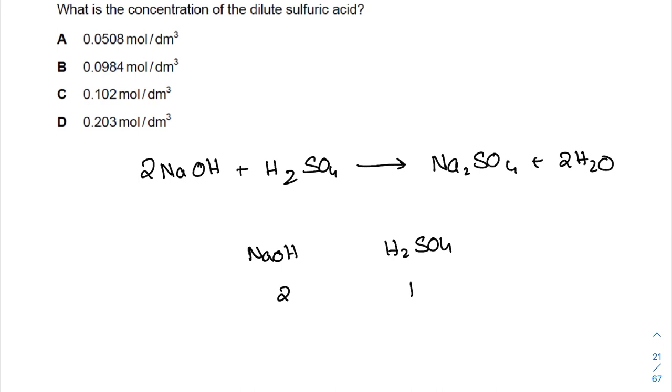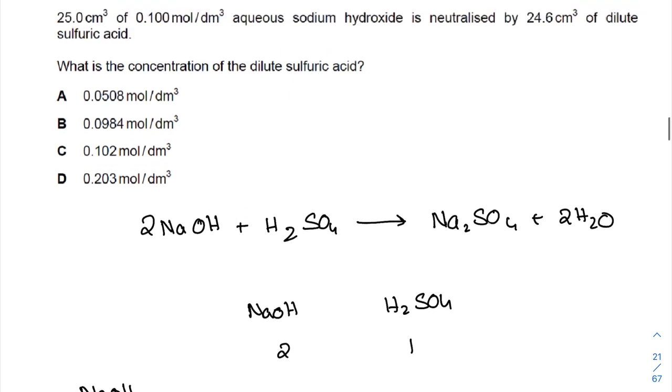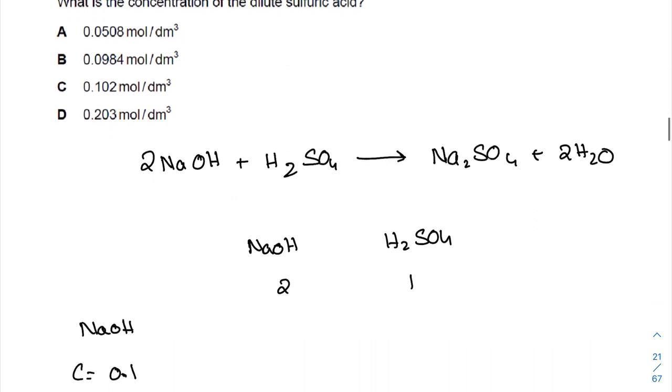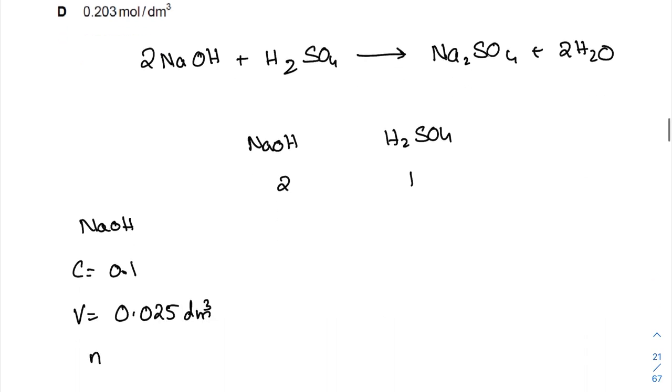How do I find the moles for NaOH? He has given the concentration as 0.1 in dm cube, so the volume also has to be converted into dm cube. 25 cm cube can be converted into 0.025 dm cube. We know that moles equals CV, so multiply 0.1 times 0.025.